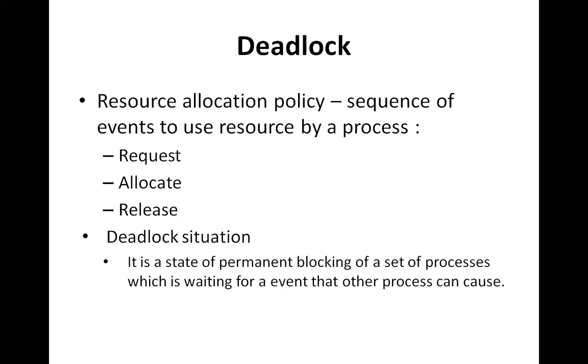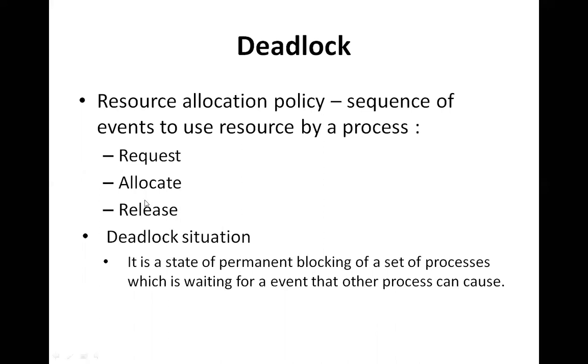It may ask for many units of the resource. But this has to be done with the restriction that the number of units requested must not exceed the total number of units of that resource. Suppose a particular resource has 2 units and a site is asking for 3 units while only 2 are available. That should not be allowed. The resource policy must have a restriction so that the number of units requested does not exceed the total number of available units.